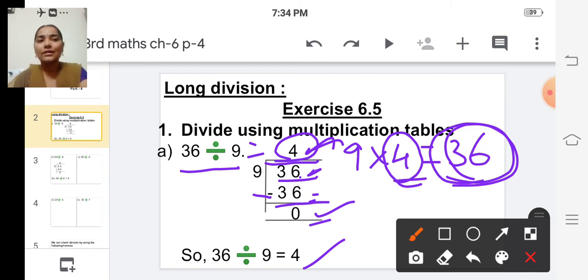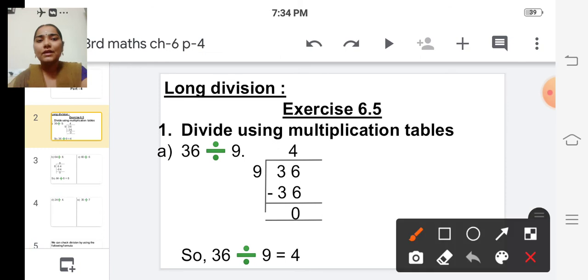So, you have to write the dividend here, divisor here, and you have to recall the multiplication table of the divisor. Then only will you know how many times it will go. So, 9 fours are 36.